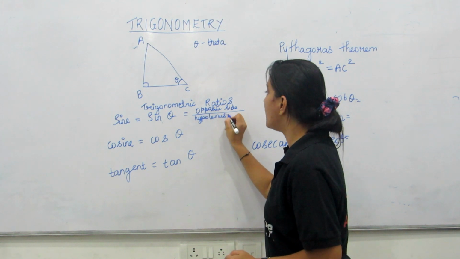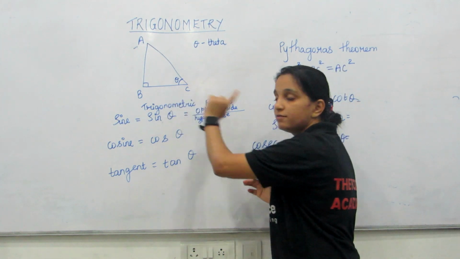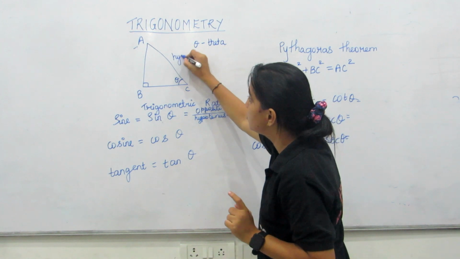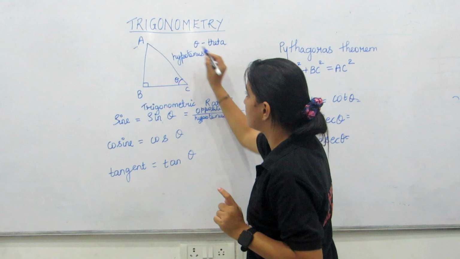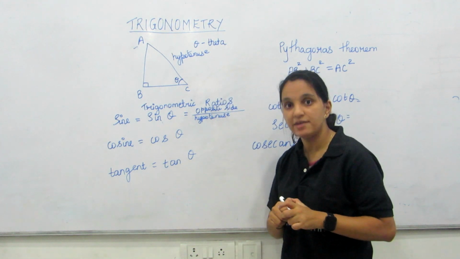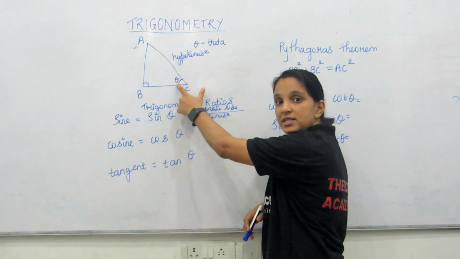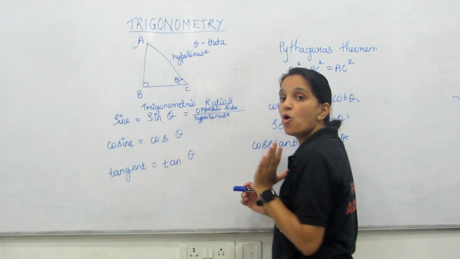Now, which is the hypotenuse and which is the opposite side? For this we will look at the figure. The longest side is always called the hypotenuse side. For the opposite side and the adjacent side we will have to consider this theta. Now for this theta, AB is the opposite side.